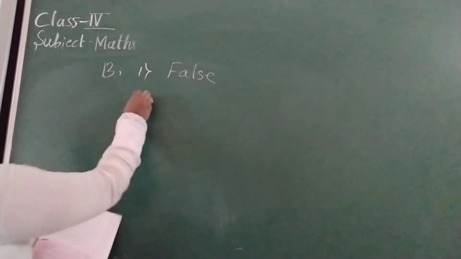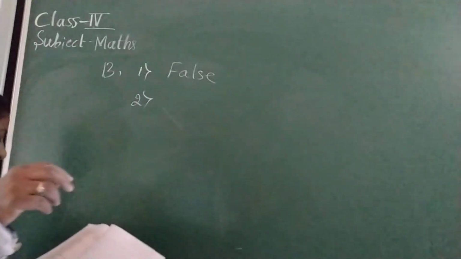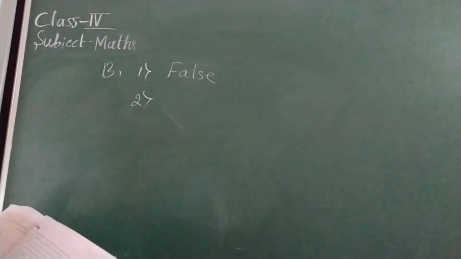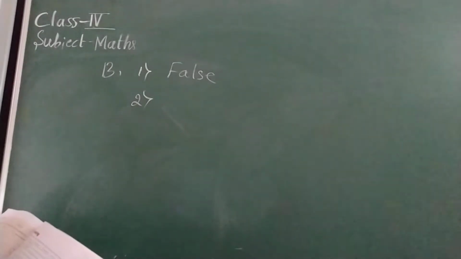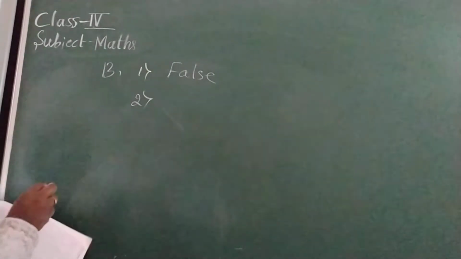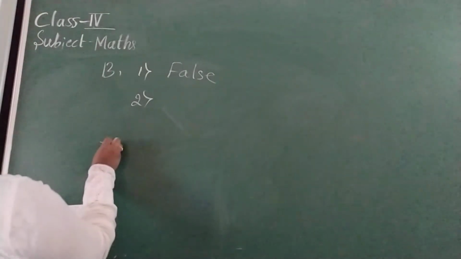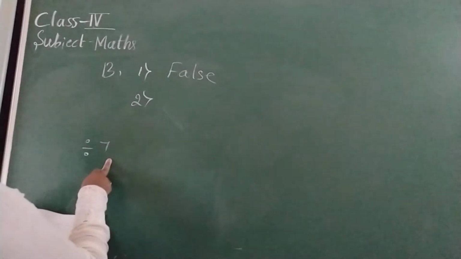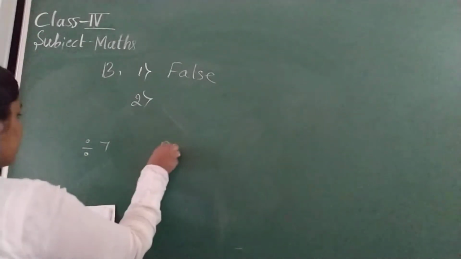Okay, that is false. Second one: a number when divided by 7 gives a remainder of 6. When the successor of the number is divided by 7, the remainder will be 0. A number divided by 7 gives the remainder 6.